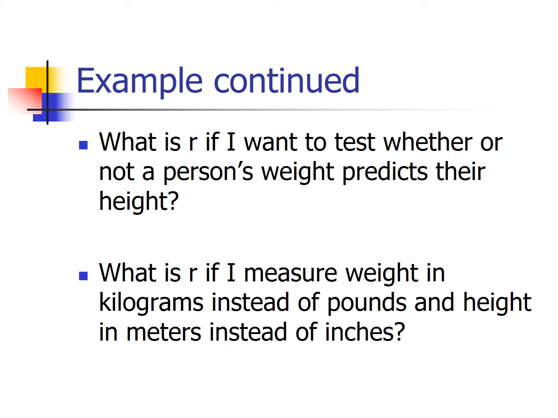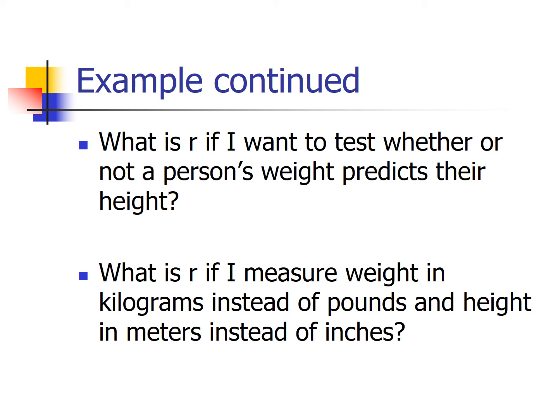Just out of curiosity, what do you think would happen? We have our correlation now. Our correlation, right, was 0.7999 something. Let's call it 0.8. If instead of testing whether a person's height can predict their weight, we want to test whether their weight can predict their height, what would the correlation be then?